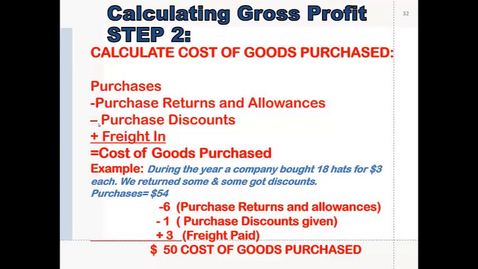So during the year, a company bought 18 hats for $3 each. We returned some, and some got discounts. And it says the purchases were $54, so that'd be 18 times 3. Okay, so 54 less $6 in returns, less $1 in discounts, plus $3 for freight. So that tells us that we purchased $50 in goods during the period. Okay, that's a really important number in getting our cost of goods sold.